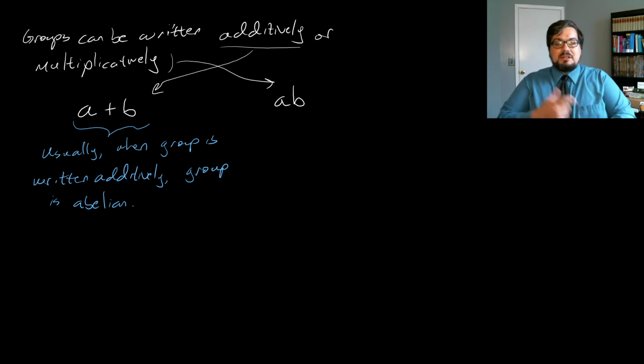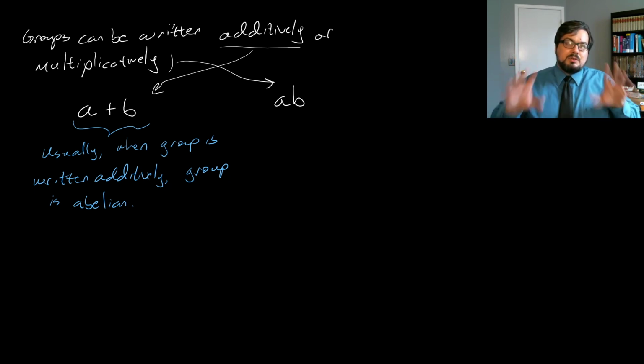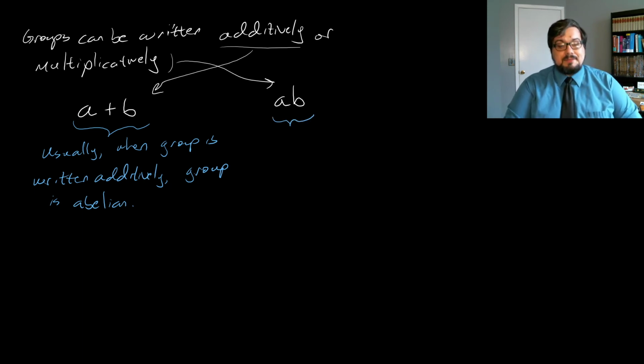A plus B always equals B plus A. And so typically we're going to reserve the notation of addition for situations where the group is abelian. Multiplication, on the other hand, is sometimes abelian and sometimes not.